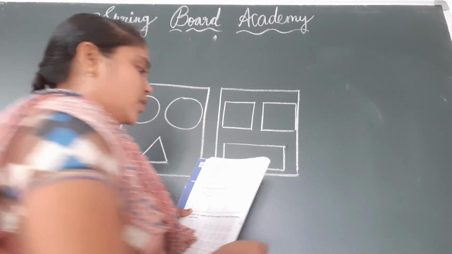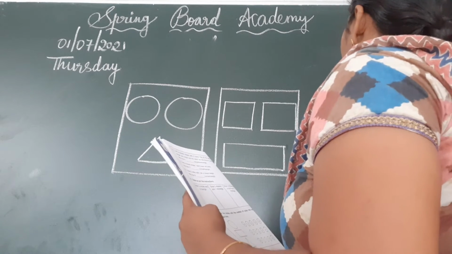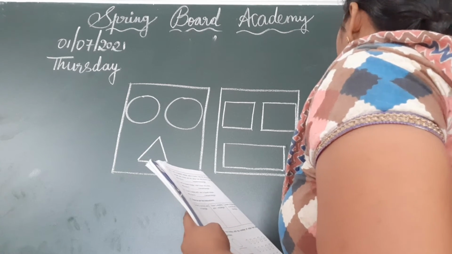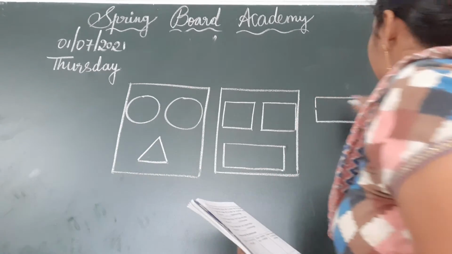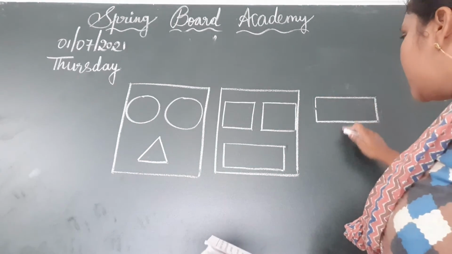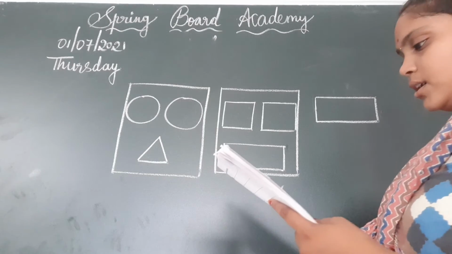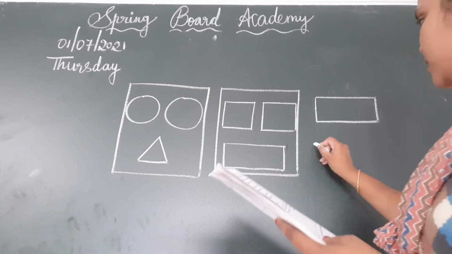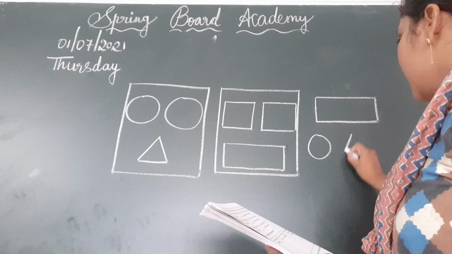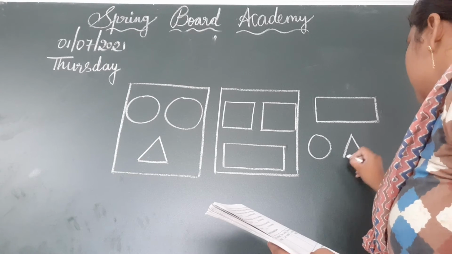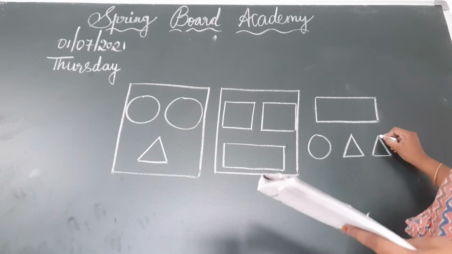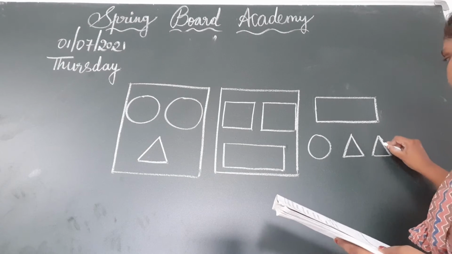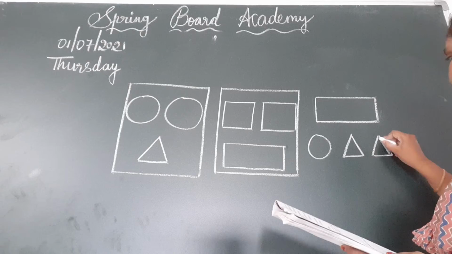Next, third one. Draw a rectangle, circle and triangle. So draw a rectangle. In a rectangle, 2 sides are shorter and equal, 2 sides are longer and equal. So one rectangle, a circle and 2 triangles. Okay, how to draw 2 triangles. Okay, children, everyone draw the shapes like this.